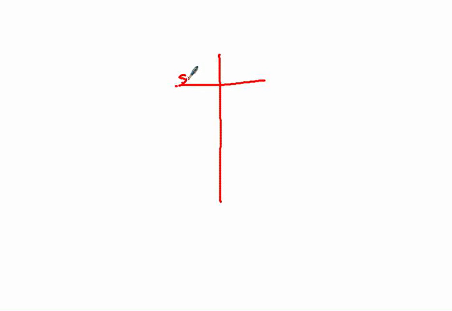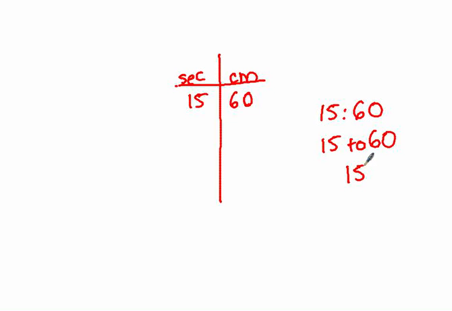In 15 seconds, the car travels 60 centimeters. We could express that ratio a lot of different ways. We could express it 15 colon 60, 15 to 60, or 15 over 60.